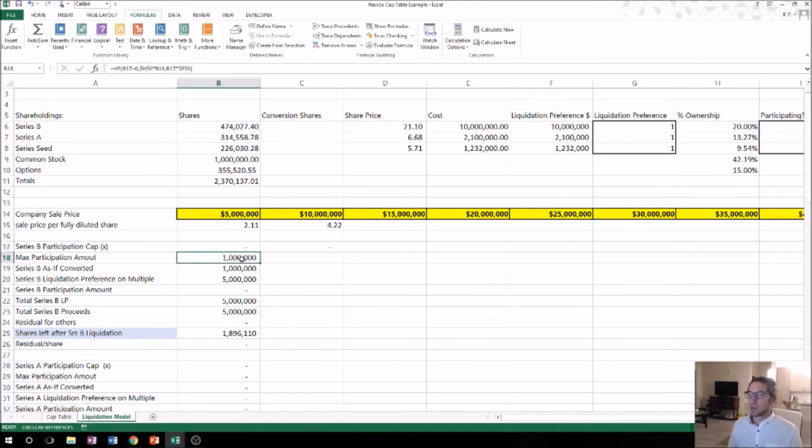Next is the max participation amount. So the max participation amount says if the Series B cap equals 0, then it's uncapped. So there's no cap, and that means the max participation amount would be equal to the amount that would be received if those shares converted to common.